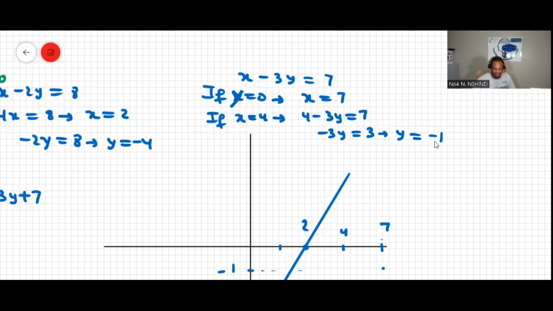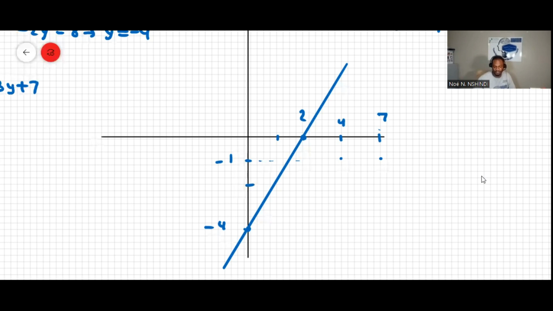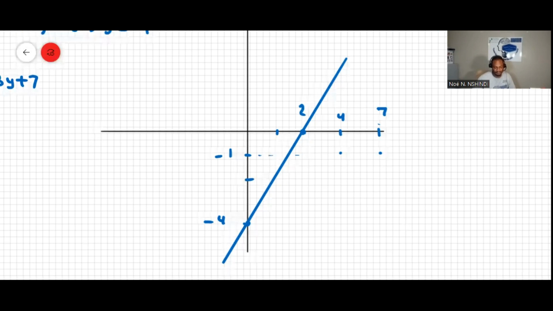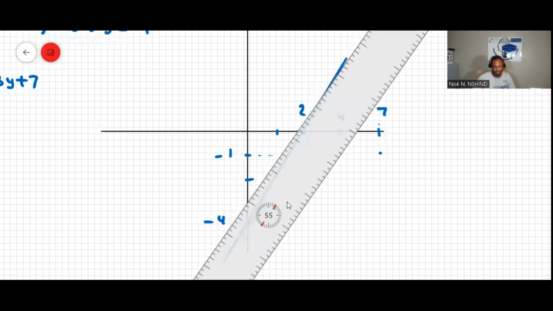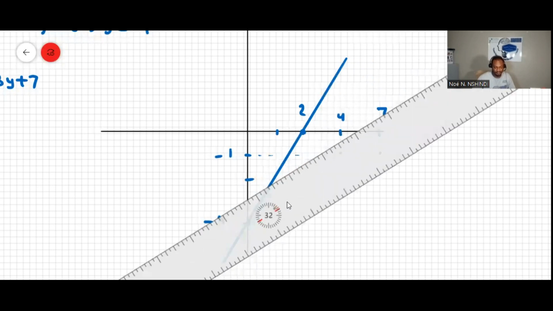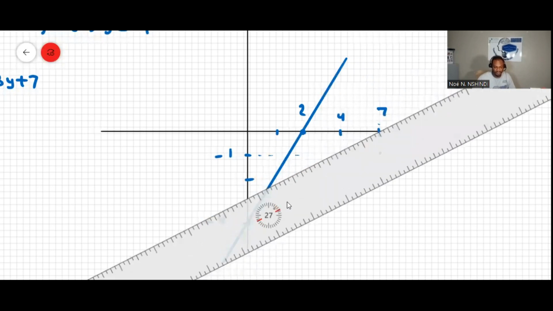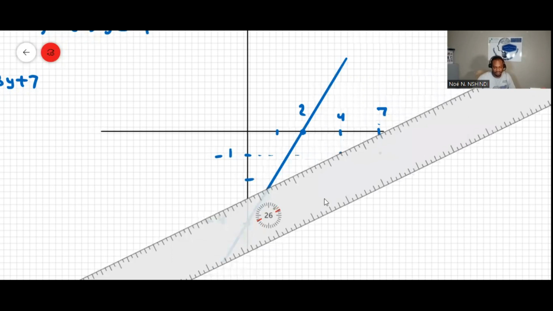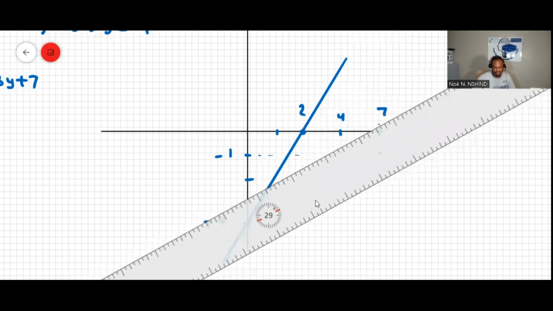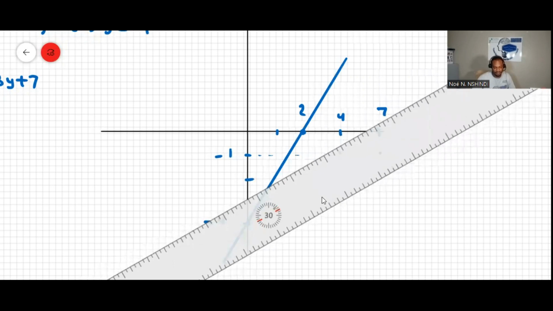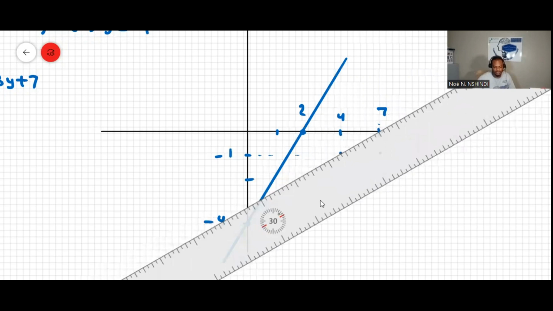Now we can connect these two points also.